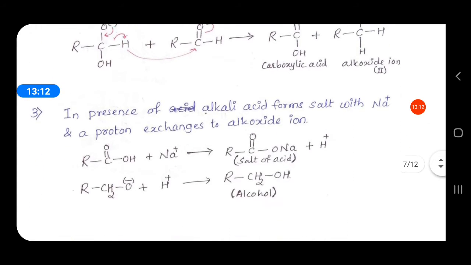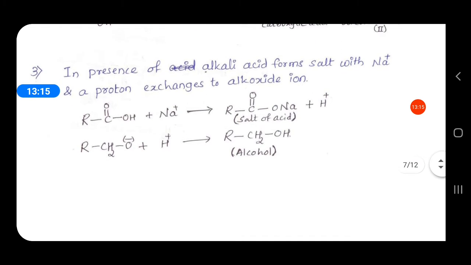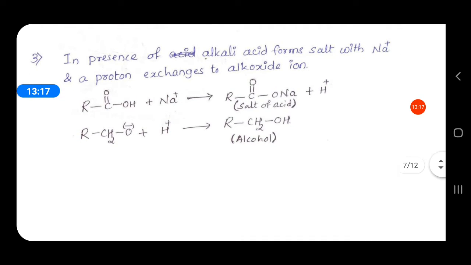In the next step, in the presence of alkali, the acid forms a salt with Na plus and the proton exchanges to the alkoxide ion. So this is the acid formed in the first step that reacts with the base, because the medium of the reaction is strong, concentrated base.